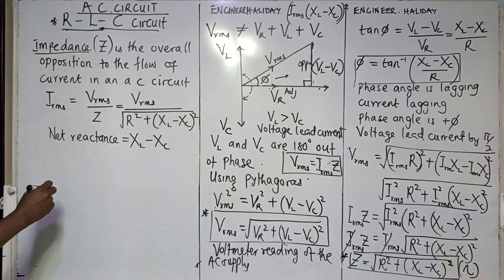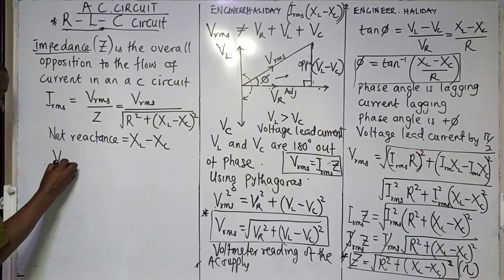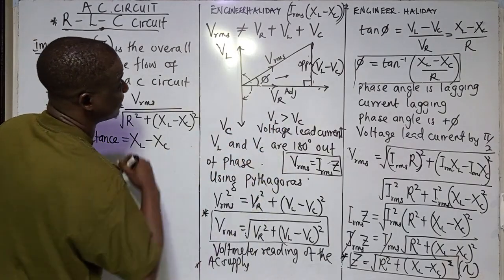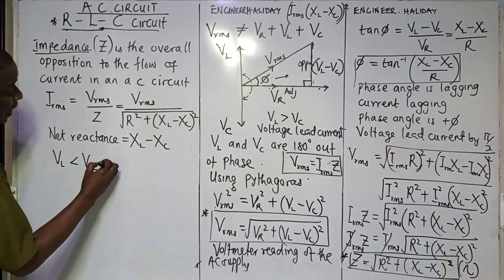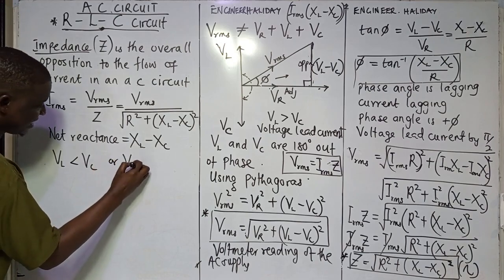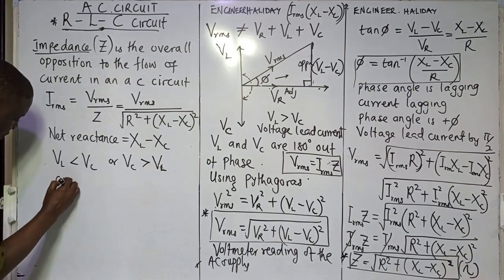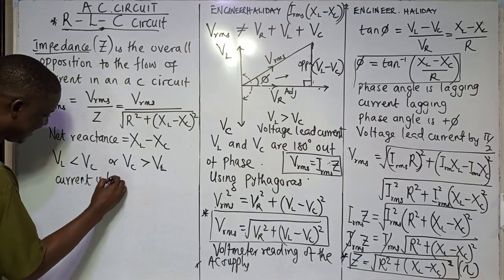Now, in the case where they say VL is lesser than VC, or we can say VC greater than VL, it means that the current is leading.